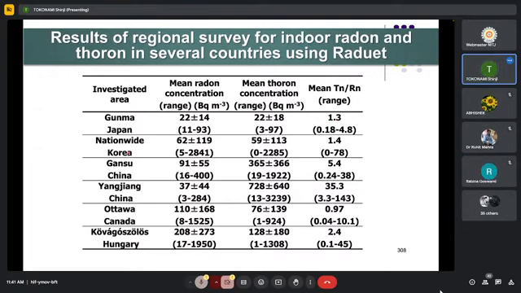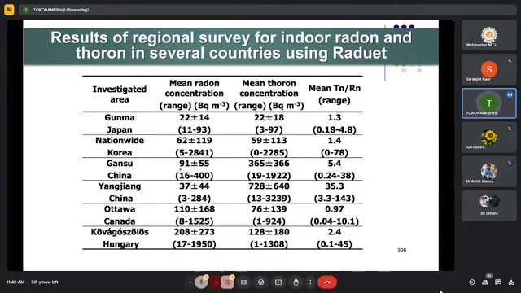In South Korea, the radon concentration was 62 becquerel per cubic meter and the thoron concentration 59. The ratio between thoron and radon is 1.4. In Gansu, China, this area is famous as a radon epidemiological study area.